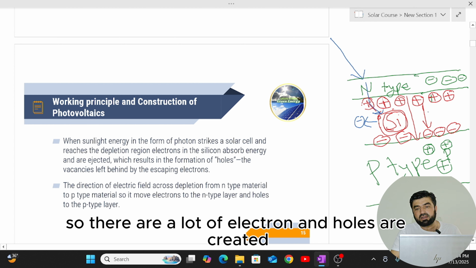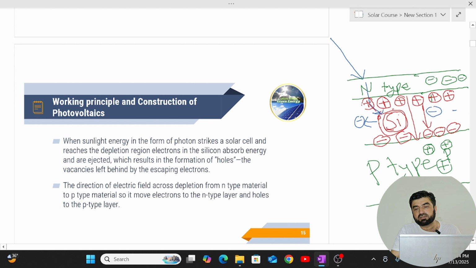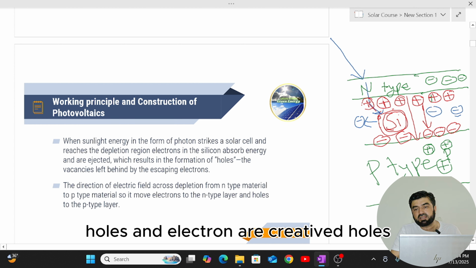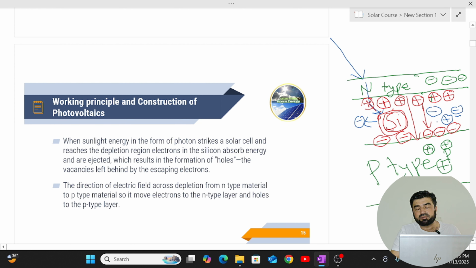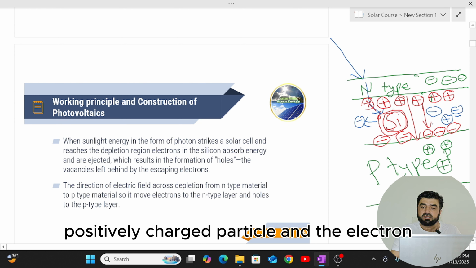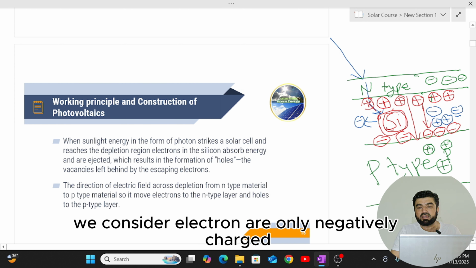So a lot of electrons and holes are created. We consider a hole a positively charged particle, and electrons are already negatively charged.